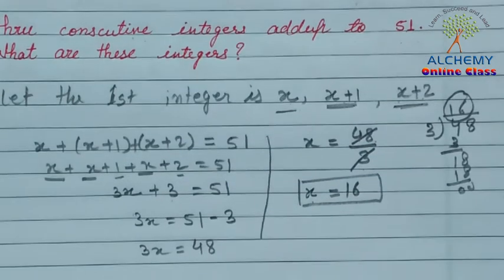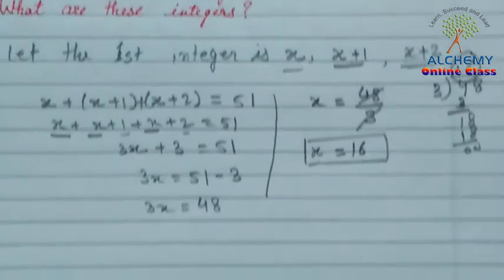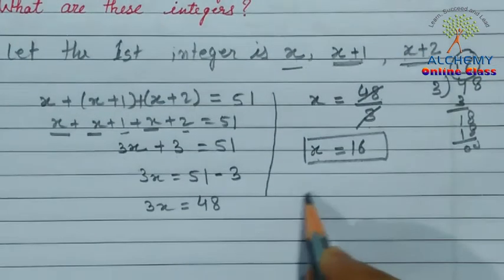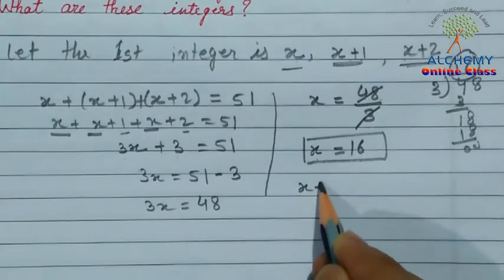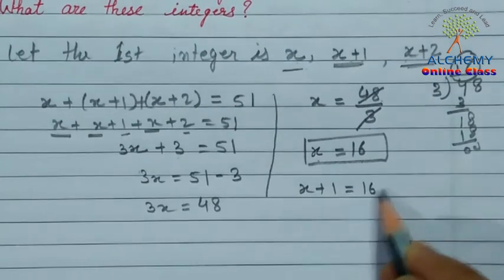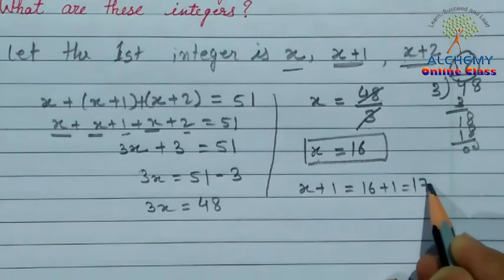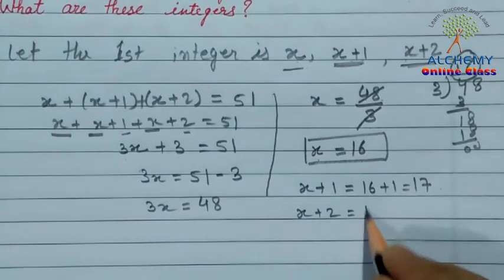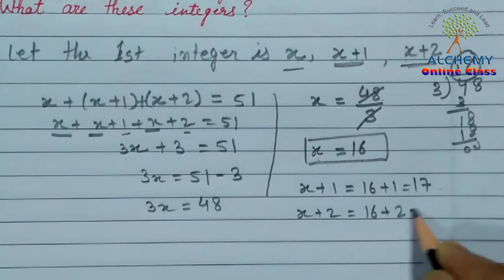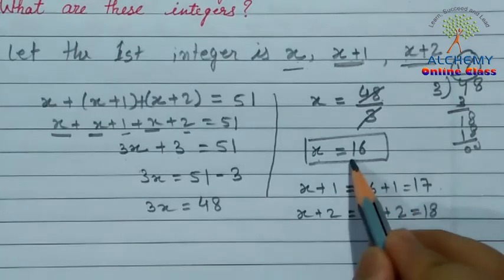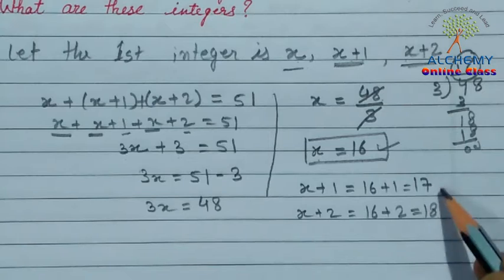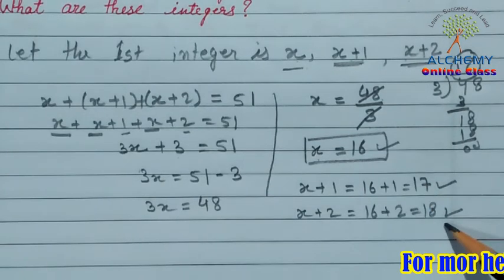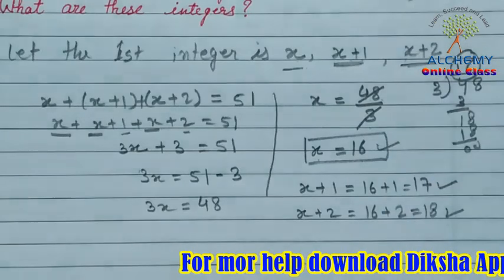Now it remains to find the other consecutive numbers. The first number we took as x, the second number was x plus 1, so 16 plus 1 is equal to 17, and the next number was x plus 2, so we can add 16 plus 2 to get 18. So now we have three consecutive numbers, 16, 17 and 18. When we add these three numbers, we get the result 51.